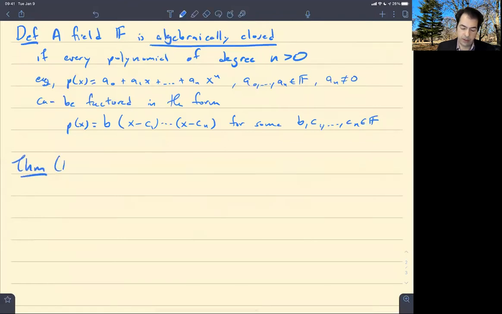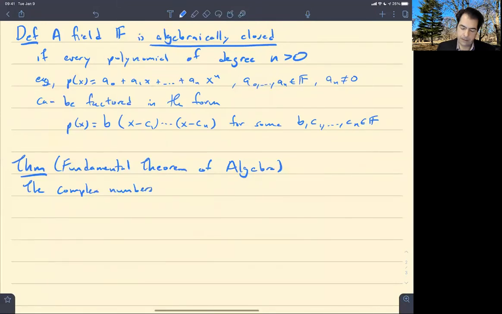known as the fundamental theorem of algebra, says that the complex numbers make up an algebraically closed field.